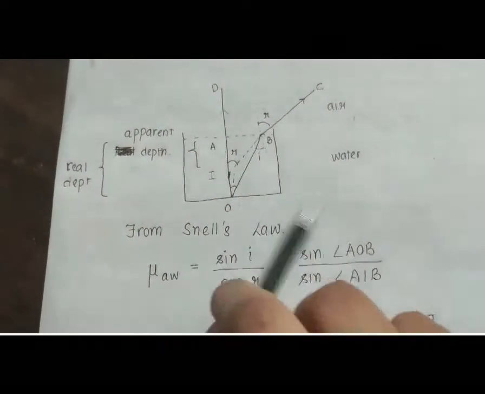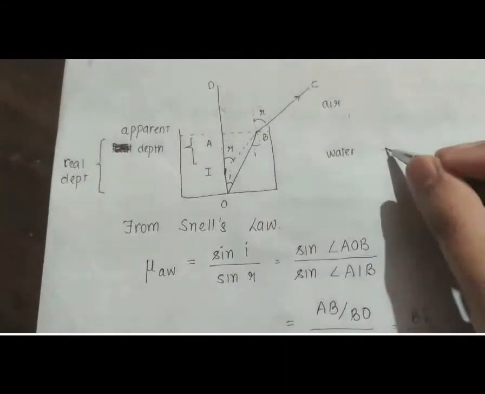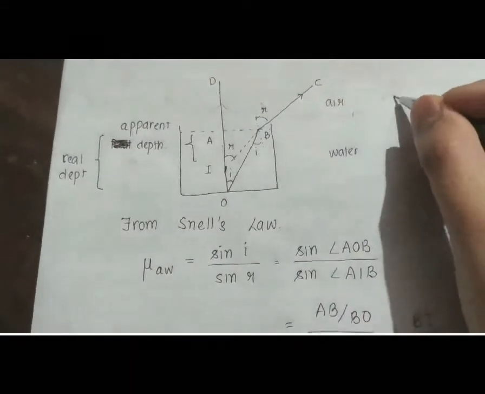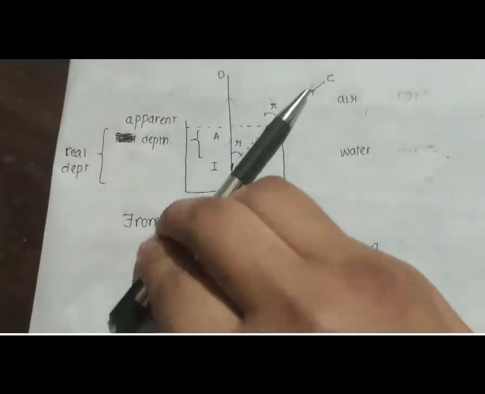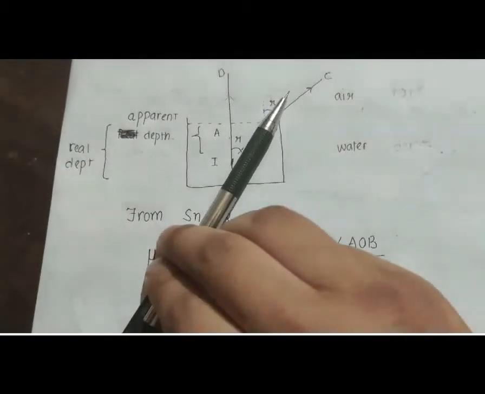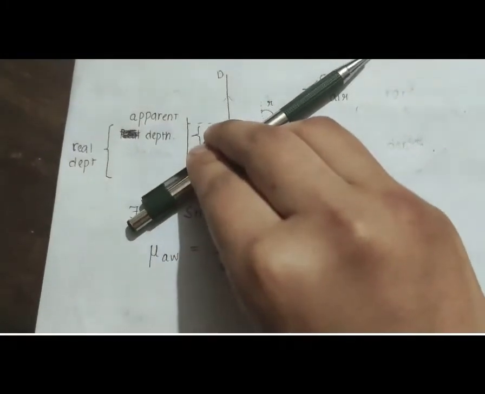Now in this case, as I've discussed, whenever light passes from a dense medium like your water to a rare medium like your air, what happens? The light bends away from the normal. Clear? So the light which is moving in this direction, after refraction will travel in this direction.